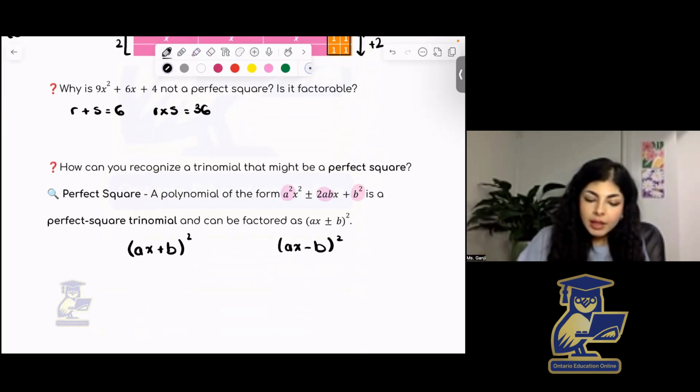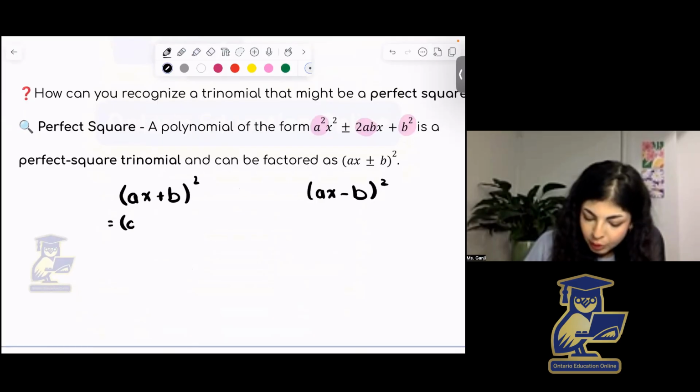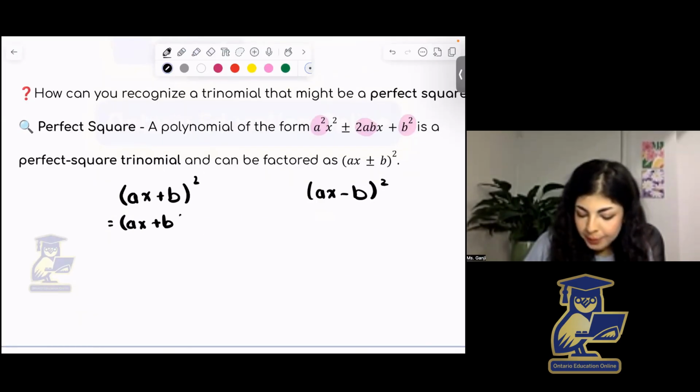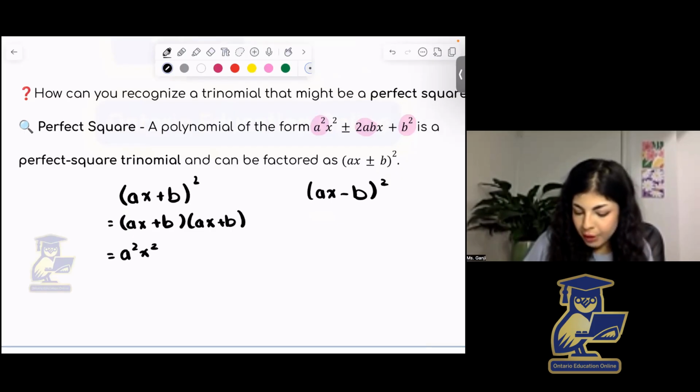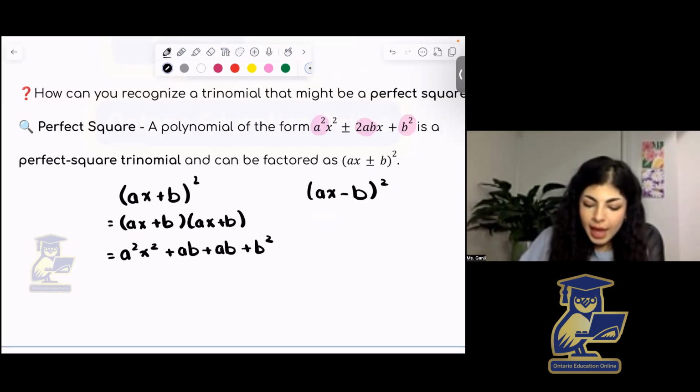So let's look at expanding these two first. If I have (ax plus b) squared, I will use the FOIL method, which I also shared a video for, so you can take a look at that. You'll be able to get this. So essentially, if you multiply the first terms, you get a squared x squared.